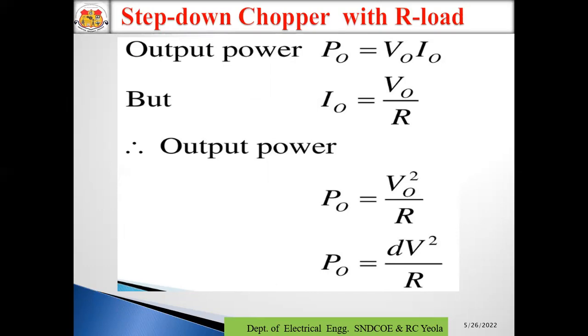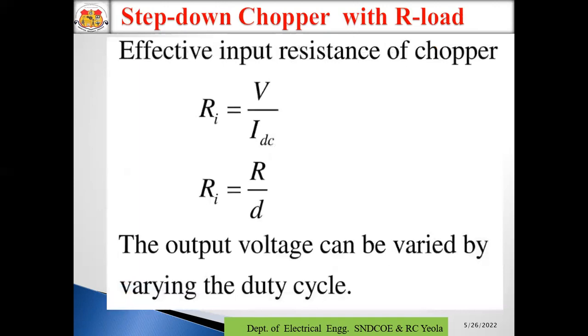Then we will get the formula for the output power, that is P0 is equal to V0 square upon R. If we solve this equation in detail, we get the output power as D V square upon R. So this is all about the concept of the step down chopper with R load.